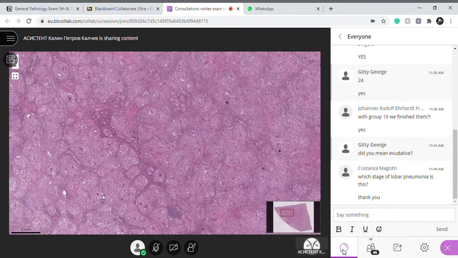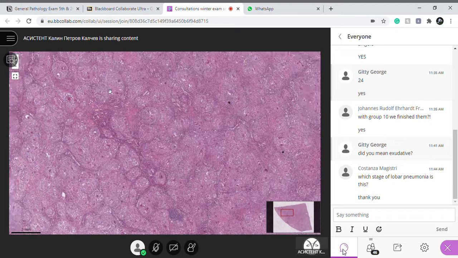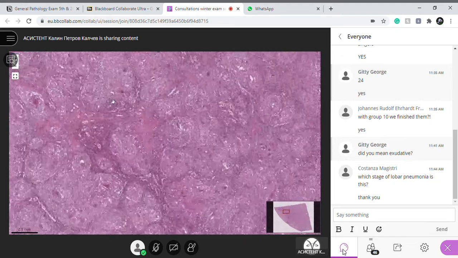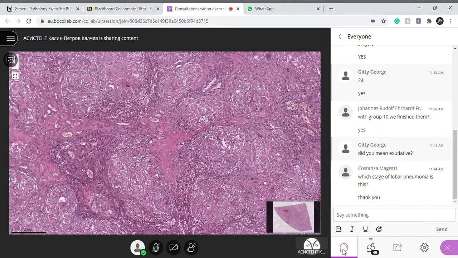They have equal sizes. You can just compare here. Small granuloma, small granuloma, small granuloma. Well, there is a small difference in size, and they are so closely packed.